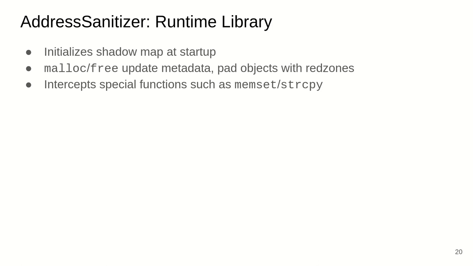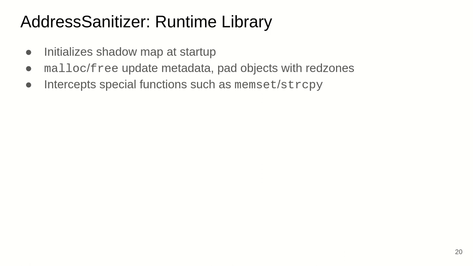In addition to that, we have the runtime library of ASan, which initializes this shadow map at startup, right? Luckily, whenever you allocate memory, it is all zeros, so this is fine. So it just mallocs or mmaps this massive area. And then malloc and free are being intercepted to update the metadata and to pad objects with red zones.